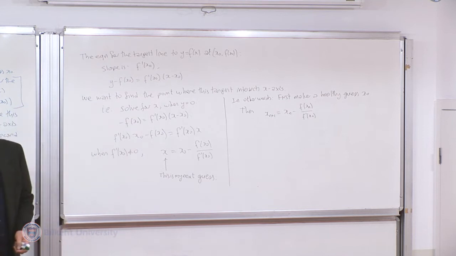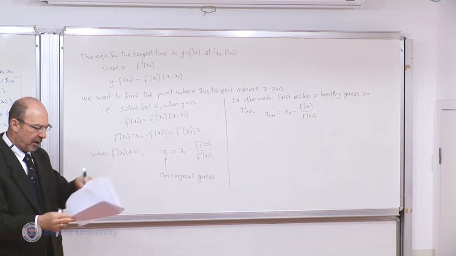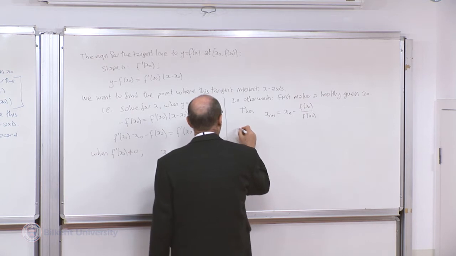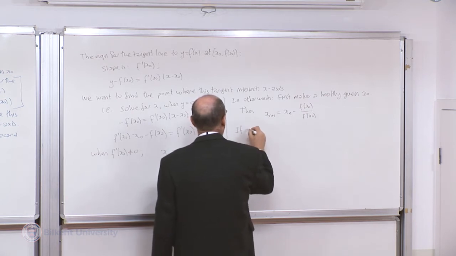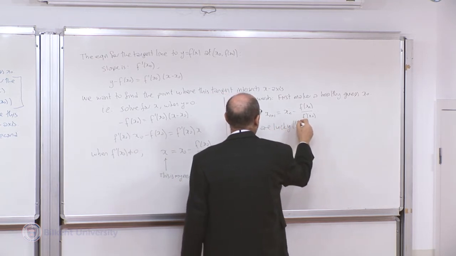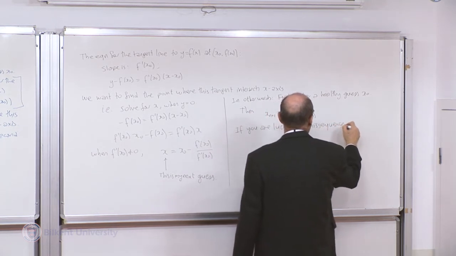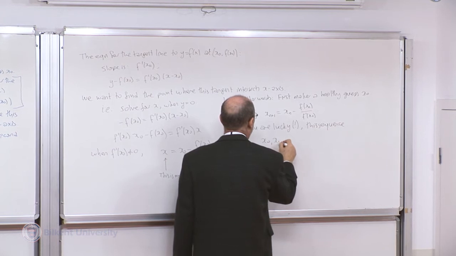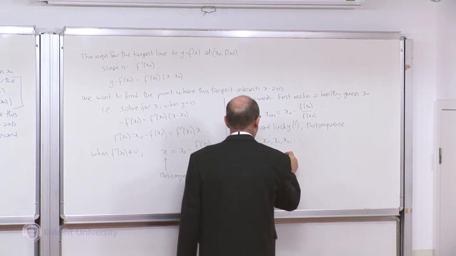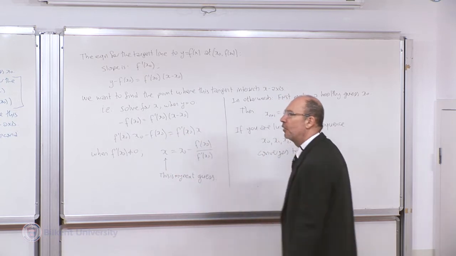Let me see what else I want to say here. Then I have calculations. If you are lucky, this sequence x sub 0, x1, x2, etc. converges to a root, because the function may have different roots.